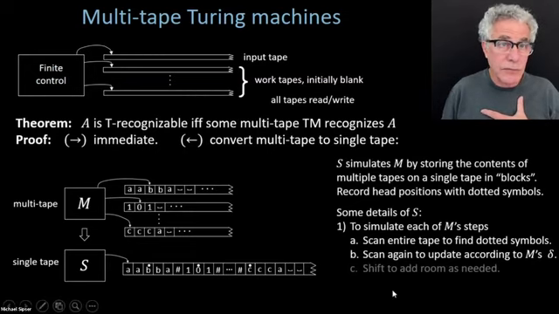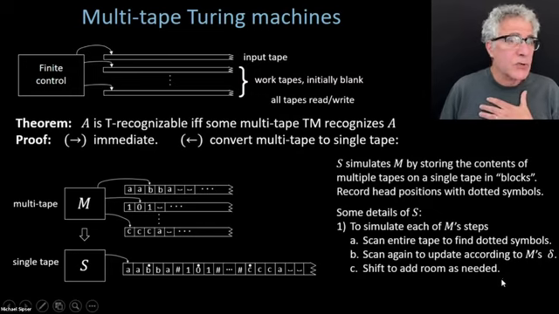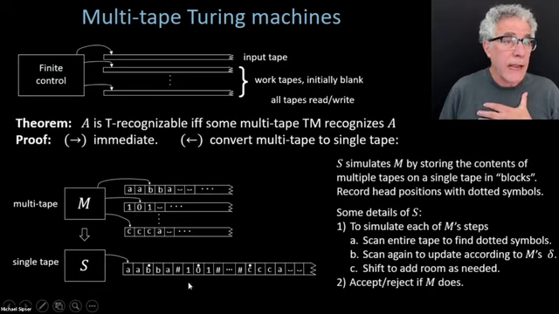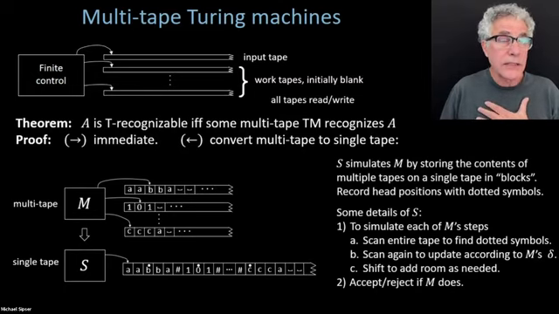Let me just note that here: shift to add room if needed. And that's all that happens during the course of the simulation. And of course, if S, as it's simulating M, observes that M comes to an accept or reject state, S should do the same. Okay, so that's our description of how the single tape simulation of the multi-tape machine works.